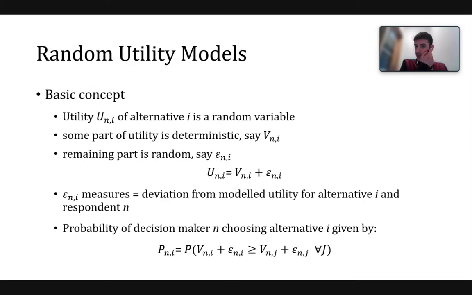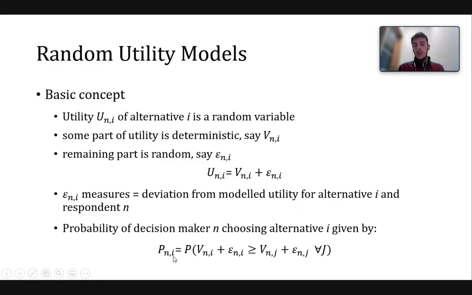Just to give you a bit of background in terms of the economic theory behind stated choice experiments, the framework is the random utility models that you might probably already know, so I will not spend much time. It is important to underline that in these random utility models, the utility of individual n for alternative i is given by the deterministic component V and the random component, okay?